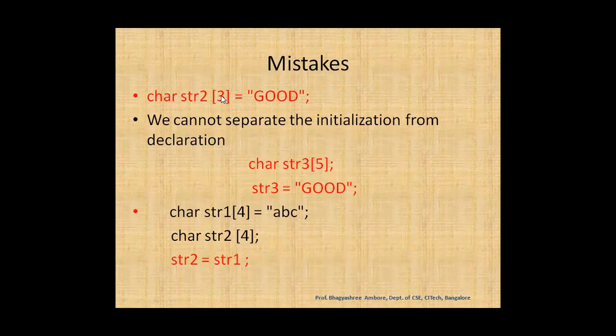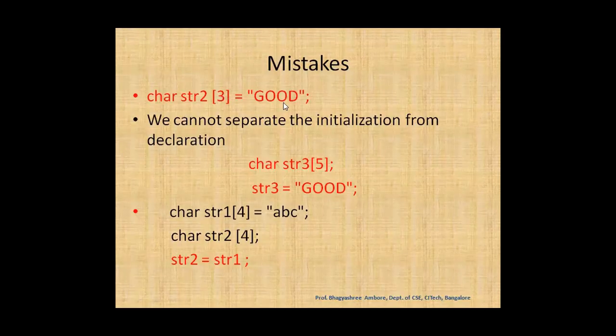We have space for 3 characters, but you have given 4 characters, so it is not a valid declaration. Why is it not valid? 0, 1, 2, 3. If you do the declaration like this, 0, 1, 2, 3, that means 4 characters. Then you have to mention 5 here. Remember one thing, whenever you are doing an assignment, the number of characters plus 1 must be the size.